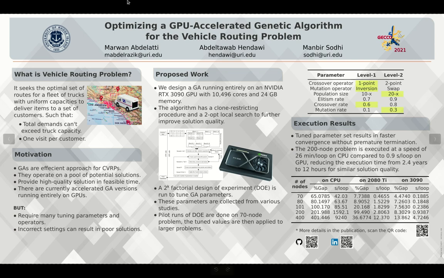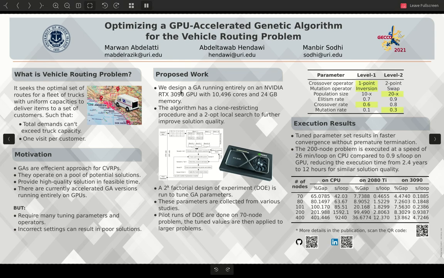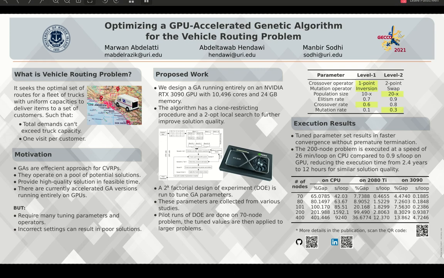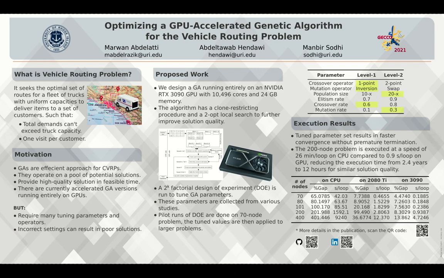So, in this work, we designed a GA running entirely on an NVIDIA RTX 3090 GPU with 10,496 cores and 24 gigabytes of memory. The algorithm has a clone restricting procedure and a 2-opt local search to further improve solution quality. In the figure below, the CPU reads the problem data file and uploads it to the GPU, which distributes it over its blocks and threads.